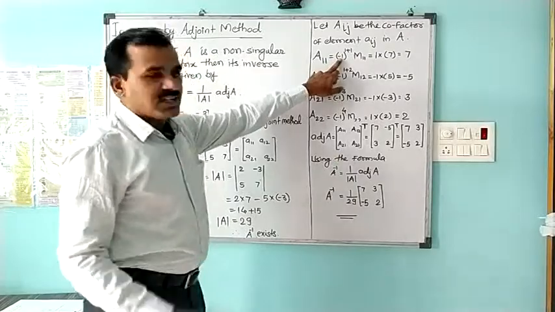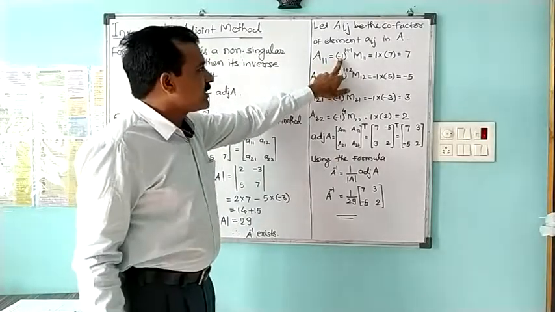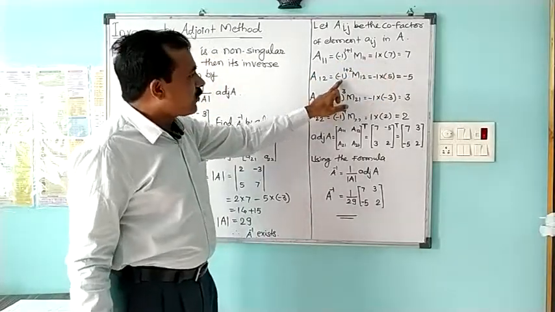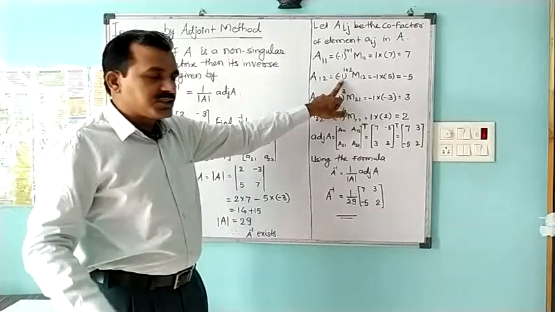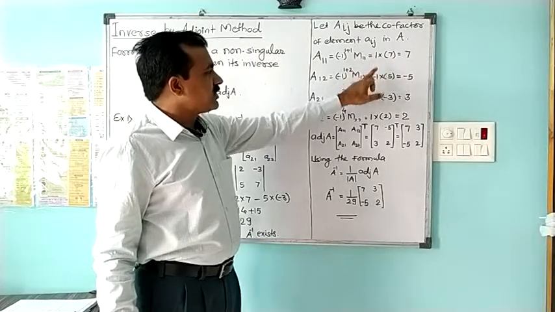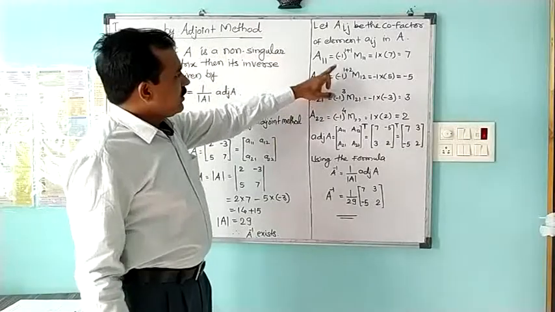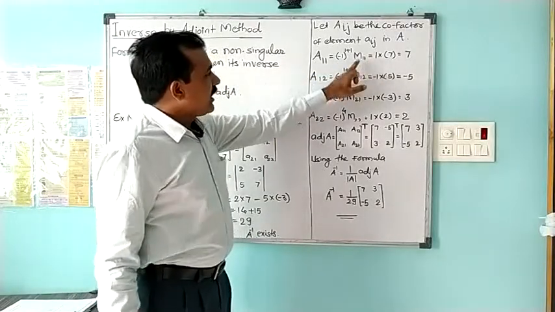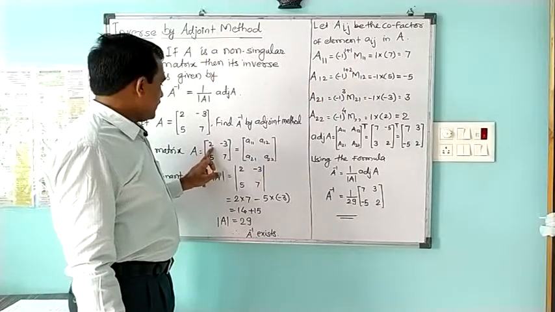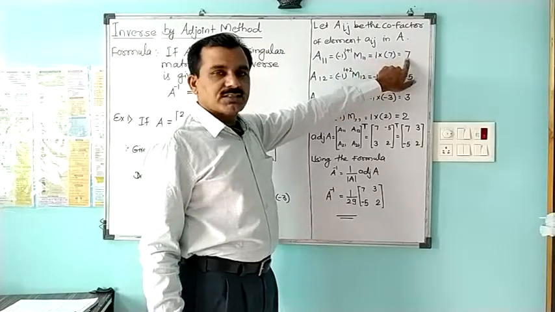When -1 has power 2, that is even, its output is +1. Whenever there is an odd power of -1, its value will be -1. So it just decides whether it is positive or negative. So this power gives us positive 1, and M11, the minor of 2, eliminating first row, first column, is 7. So this product gives us 7.